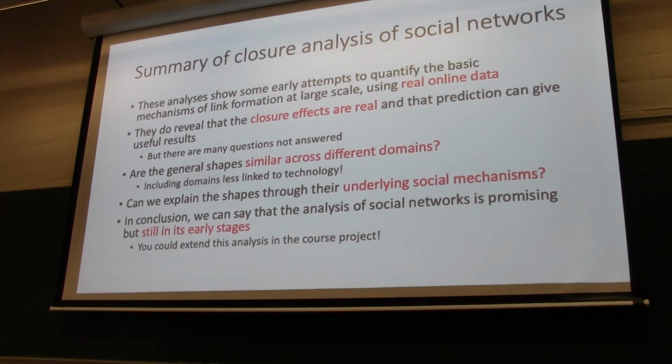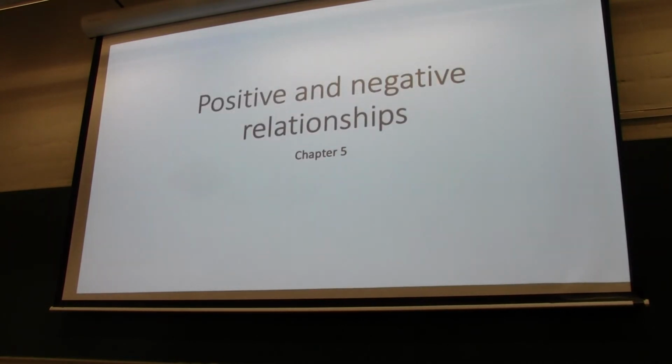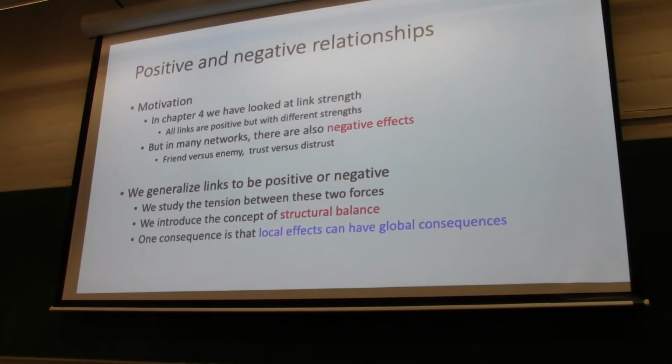Okay, let me now take the final topic of the day, which is positive and negative relationships. So when you have enemies, not just friends. Previously, all the links were positive. But now let's go even farther and add negative links. Friend versus enemy.